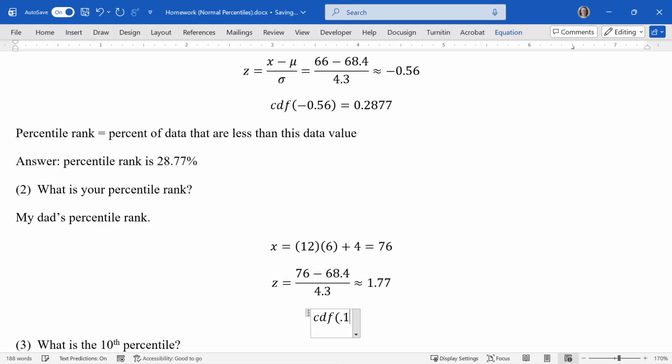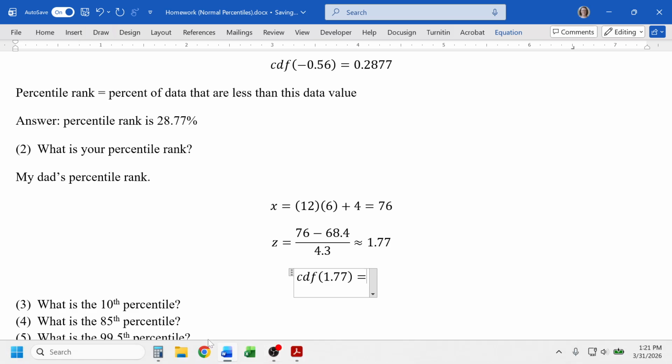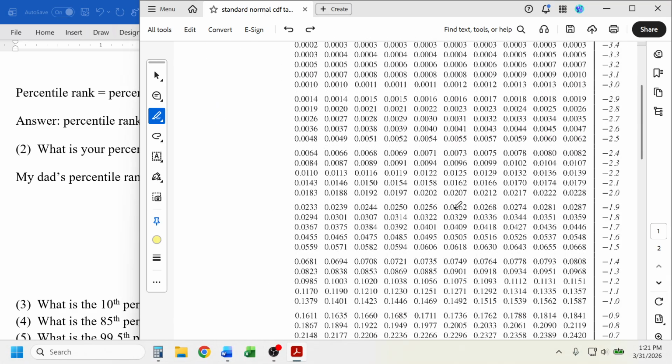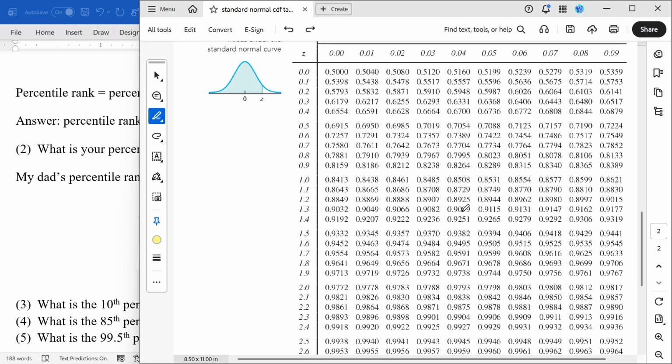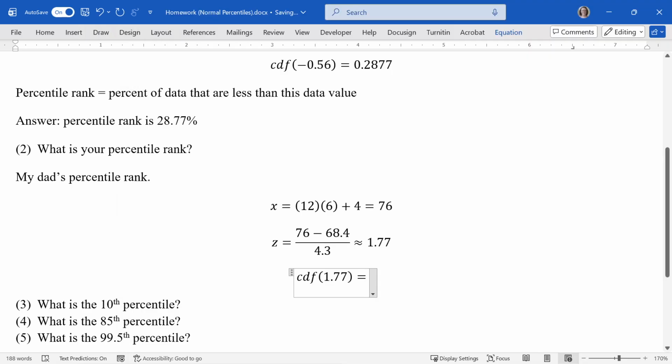Okay. So now I'm just going to do exactly what I did before. I'm getting the CDF, because that's going to tell me what percentage of stat students would be shorter than that, and that is the same as percentile rank. It's the percentage of the way through the sorted data set that this height would be. So 1.77, let's turn to the positive side here. 1.7, then 0.07, that should be this one: 9616.